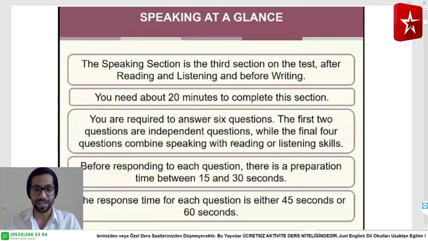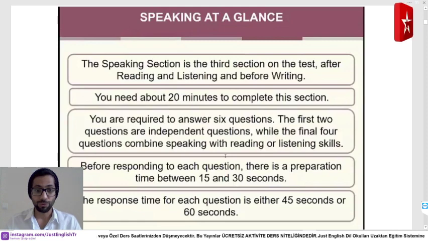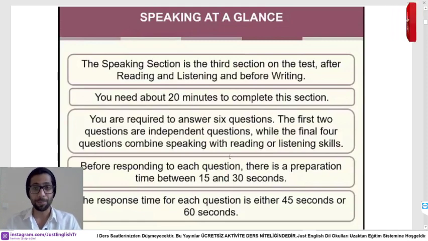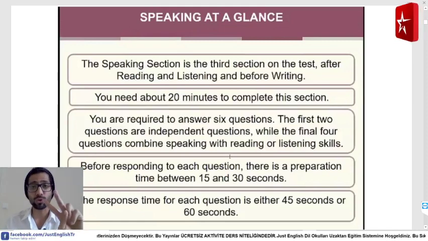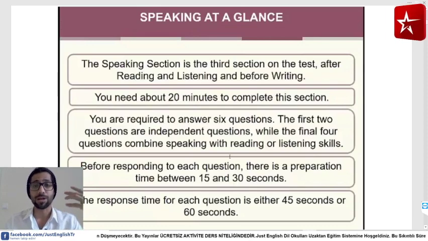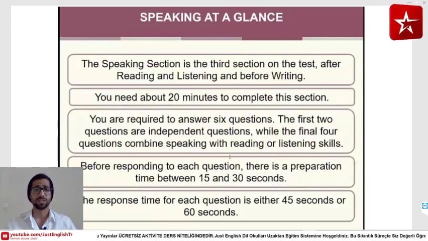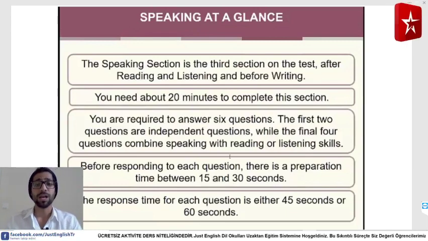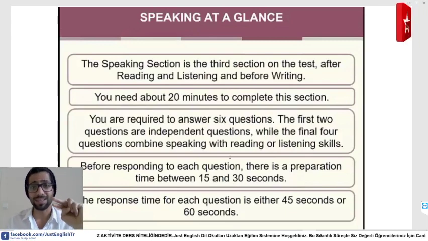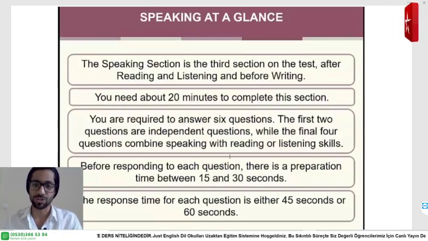It's a 20-minute section. There are two questions, as I said, two independent questions. The first two questions are independent because remember those six questions are standard, the norm. This is what's going to come to you on TOEFL. Two questions will be independent, the others will be integrated.